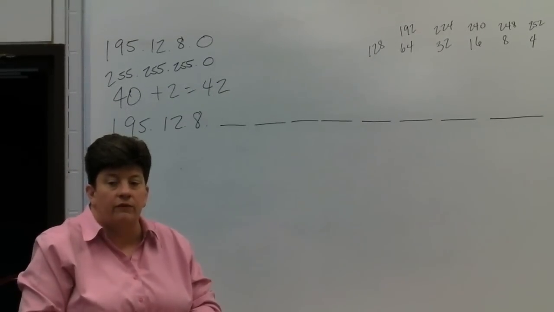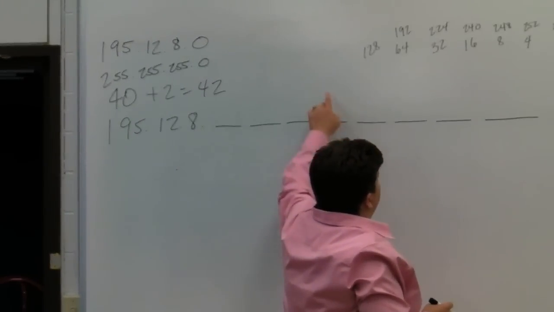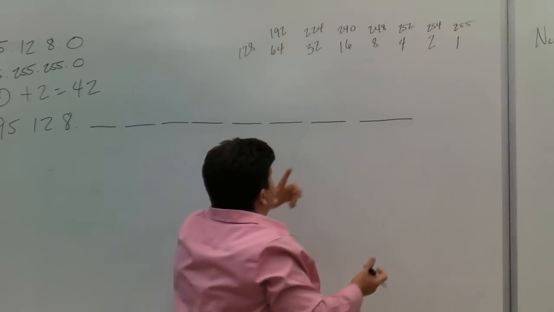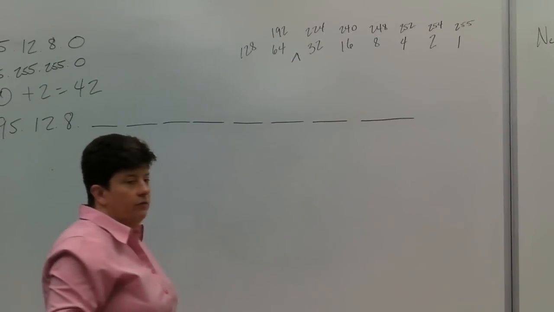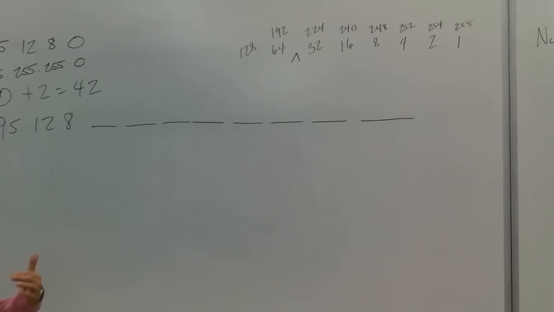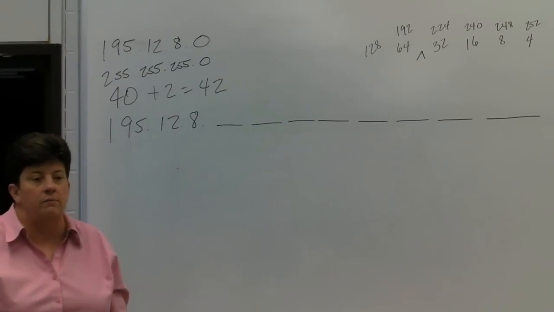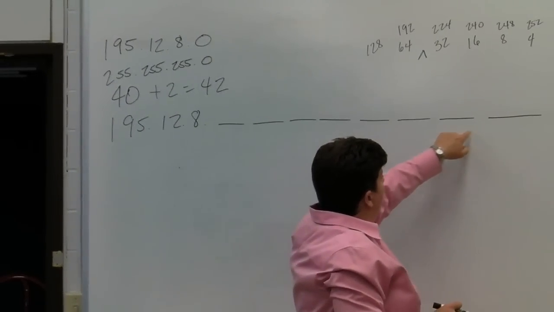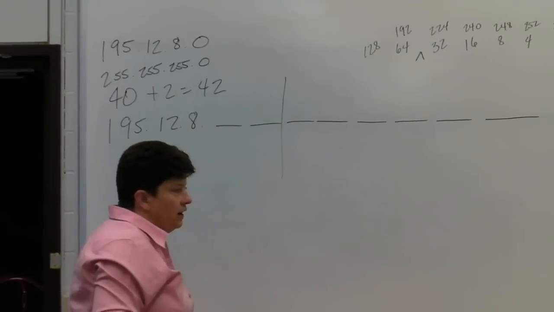How do you write the number 40 in binary? What's the biggest number I can subtract? 32. So, I really honestly don't care about the rest. I know that it is going to take me 6 bits to write the number 40 in binary. Start here at the back and count 6 bits. 1, 2, 3, 4, 5, 6. There's my dividing line.